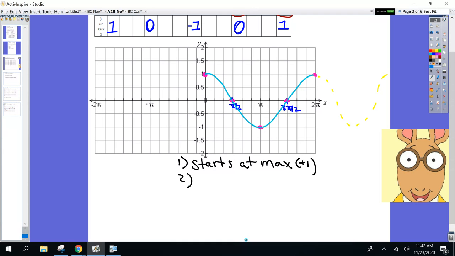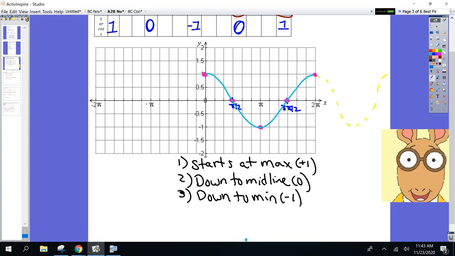All right, keep going. Where does it go after the max? Now it goes to the midline, which was 0 for now. All right, keep telling me. Max, midline, to where? Down to the minimum, which is -1.